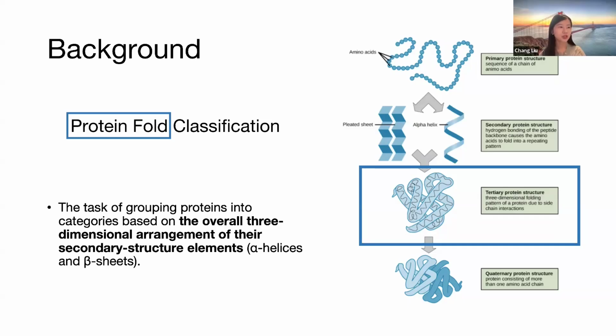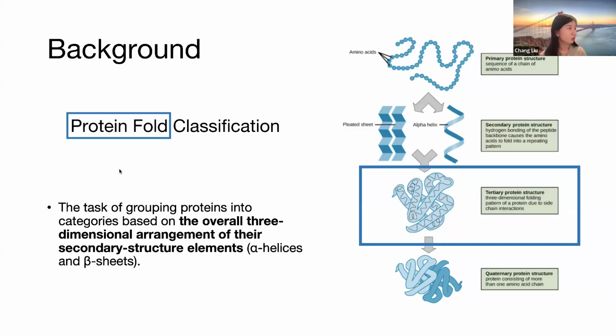So protein fold actually is the third part of the diagram on the right. And what is protein fold classification? This task groups proteins into categories based on the overall three-dimensional arrangement of their secondary structure elements. So we're doing classification based on this kind of structure.